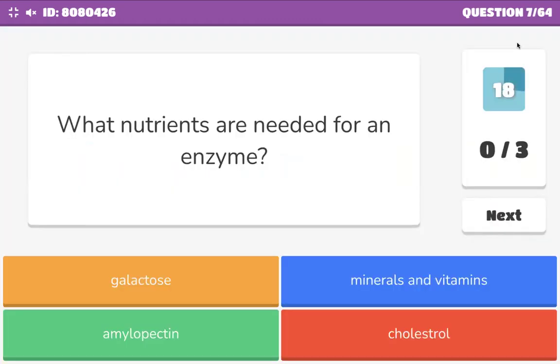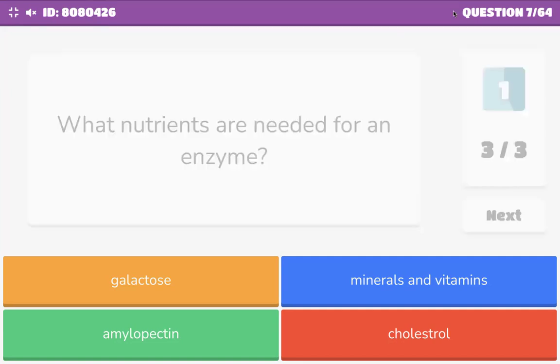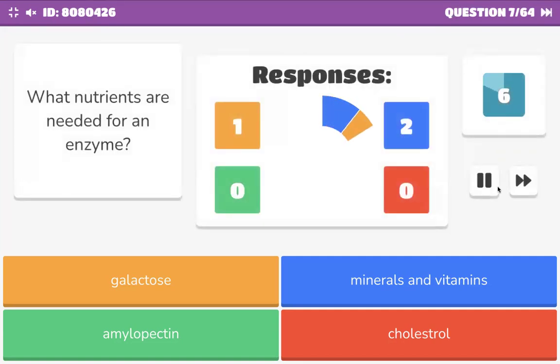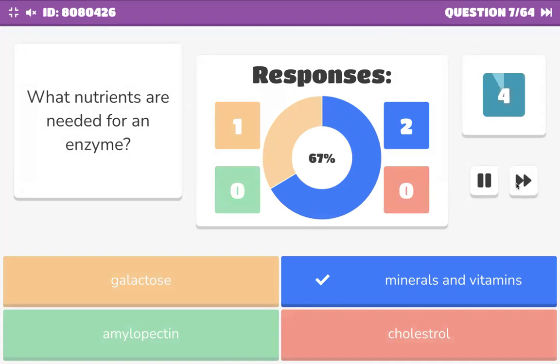What nutrients are needed for an enzyme? Yep, minerals and vitamins, also known as cofactors and coenzymes.